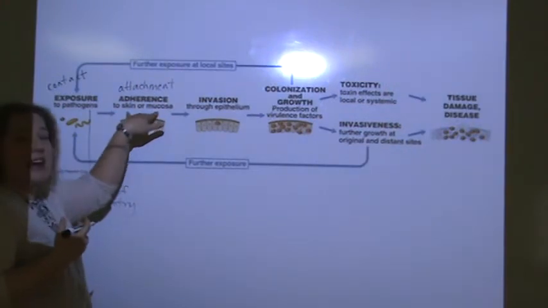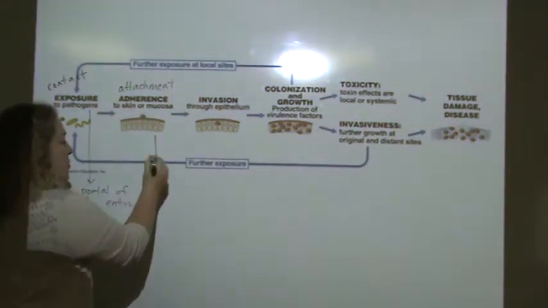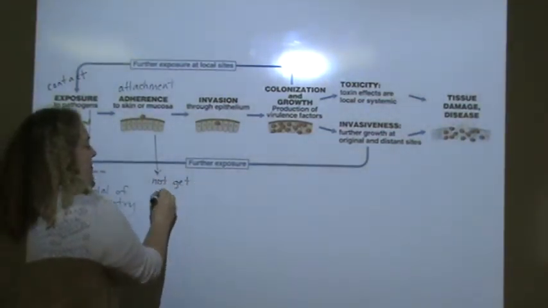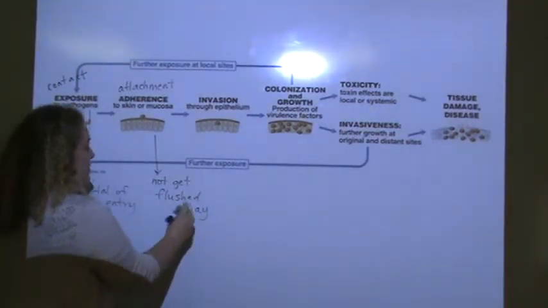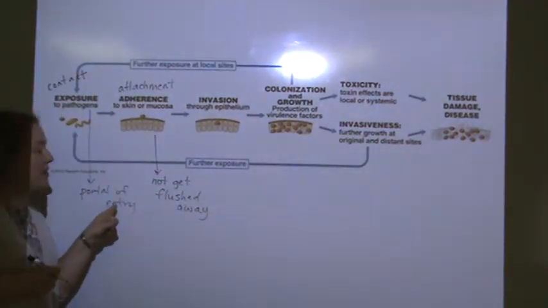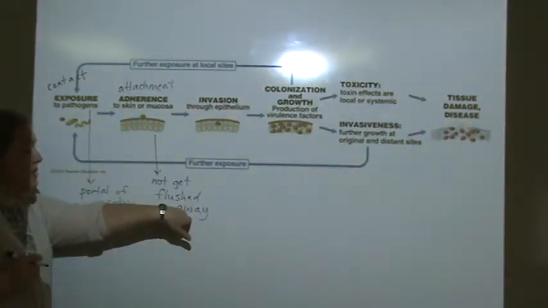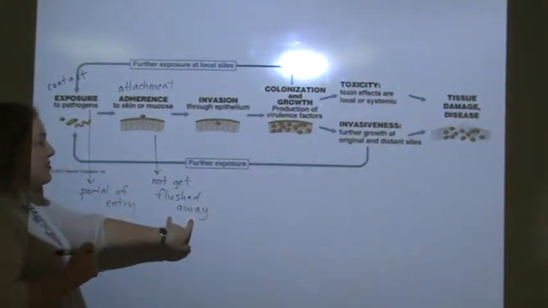It has to get attached. And this step requires that the microbe not get flushed away. Depending on what portal of entry it came through, it has to avoid getting flushed away by some mechanism, and I'll talk about that in another slide.